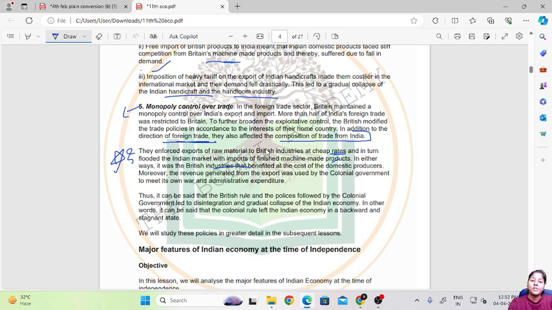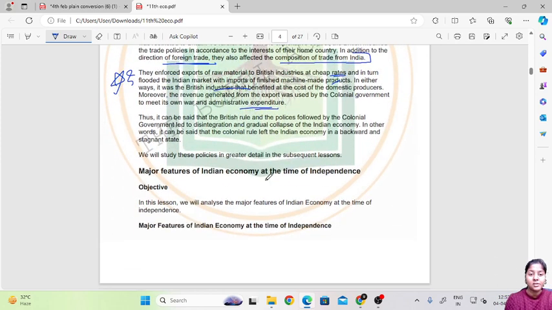The revenue generated from the export was used by the colonial government to meet its own war and administrative expenditure. Thus, it can be said that British rule and the policies followed by the colonial government led to disintegration and gradual collapse of the Indian economy.